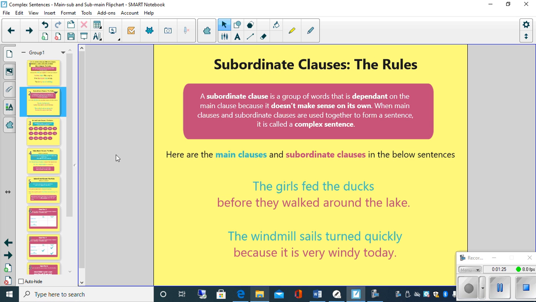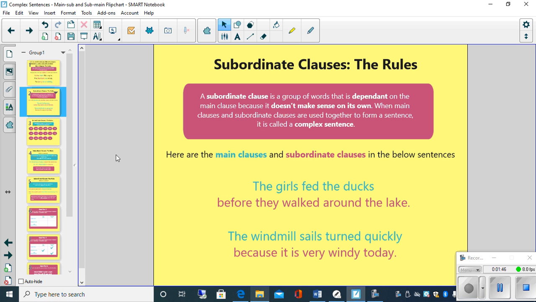So let's have a look at the rules of a subordinating clause. It's a group of words that is dependent on the main clause because it doesn't make sense on its own. When the main clause and subordinating clause are used together to form a sentence, it's called a complex sentence. Here are the main clauses and subordinating clauses in the sentences below.